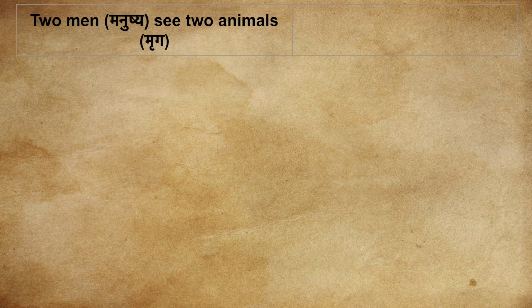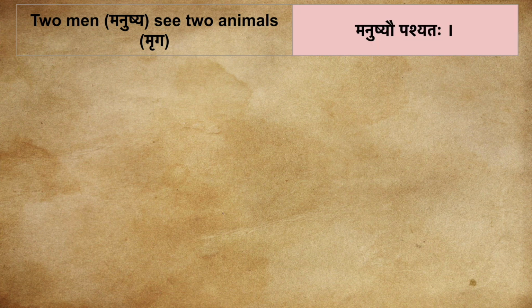Two men see two animals. Two men. Manushyau, Ramaha, Ramau. Okay, so this is the subject. So Ramaha, Ramau, because it's two men, the verb pashyati is now pashyataha.